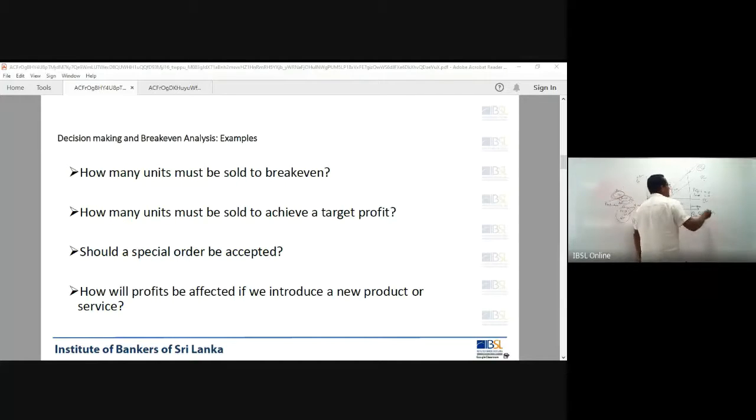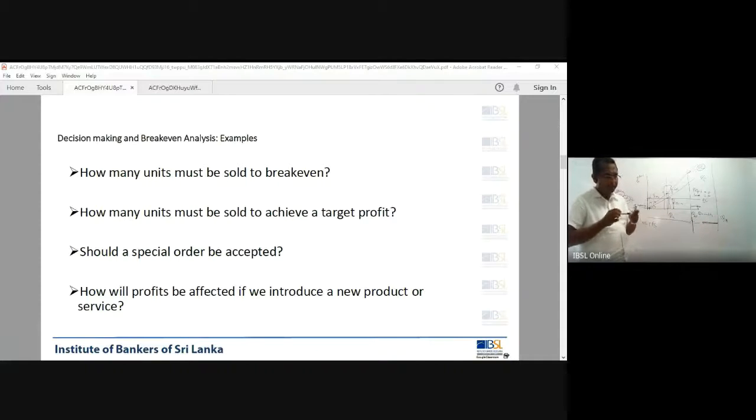This is the break-even point. I'm budgeting something like this. Quantity budgeted. Actual quantity is this much. So you can reduce your operation levels or marketing till this point without making a loss, because this part is all profit you are talking about.